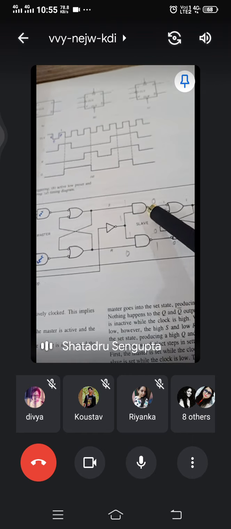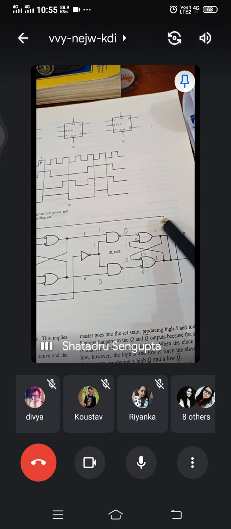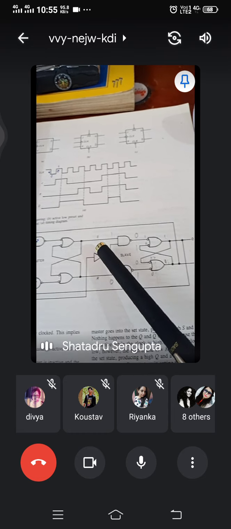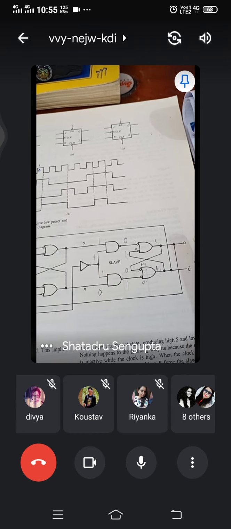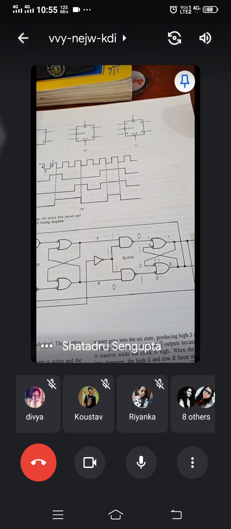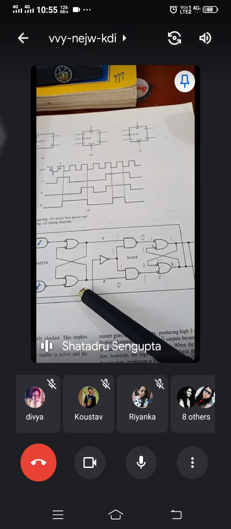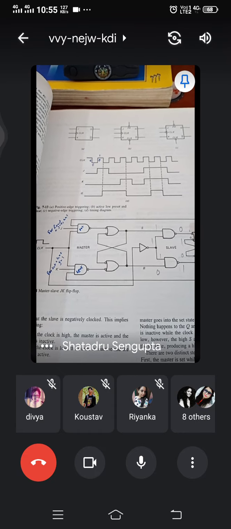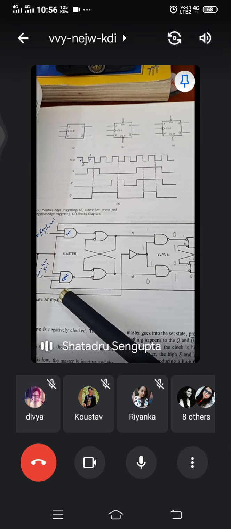But the slave, to which the Q and the Q bar are attached, is inactive. Now when the clock falls, the slave becomes active and you can receive the values. So this is how it basically works, and you can see the feedbacks going into this.